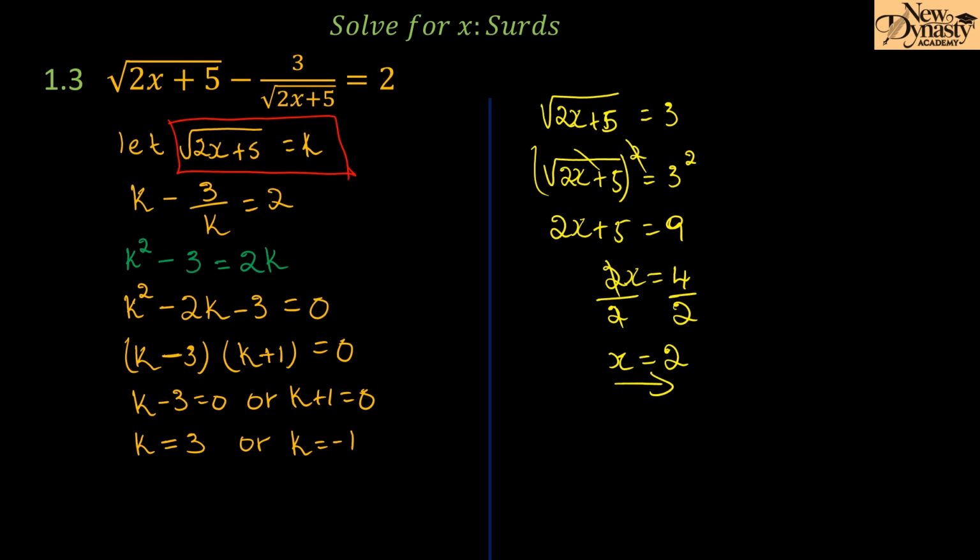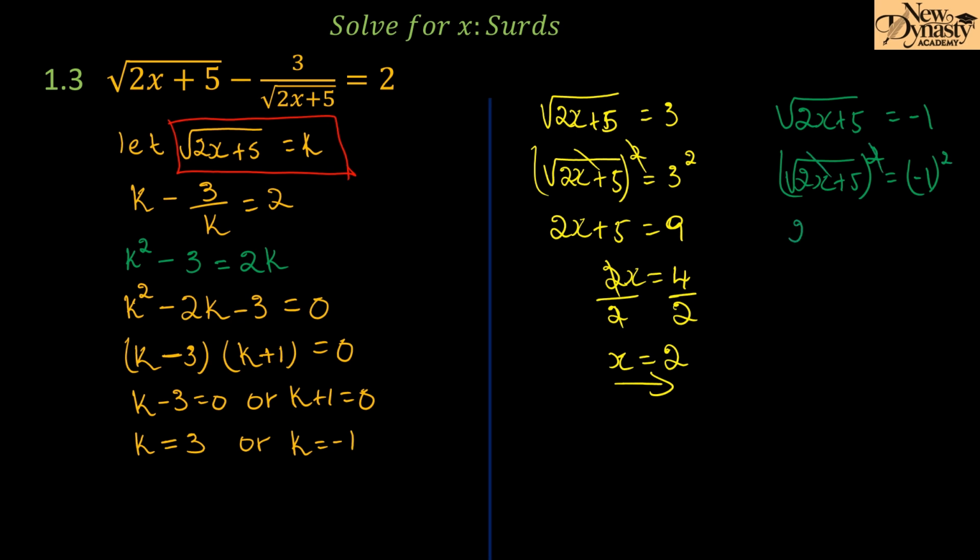negative 1. So you're going to continue and say the square root of 2x plus 5 equals negative 1 this time. So the rule as you know it, we need to remove the square root by squaring both sides. Therefore the square root and the square cancel.